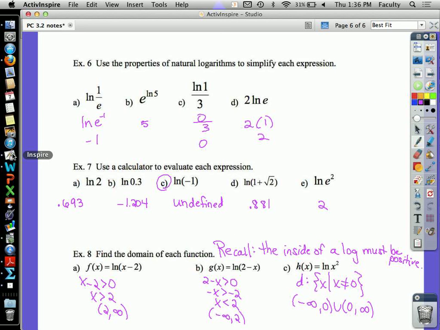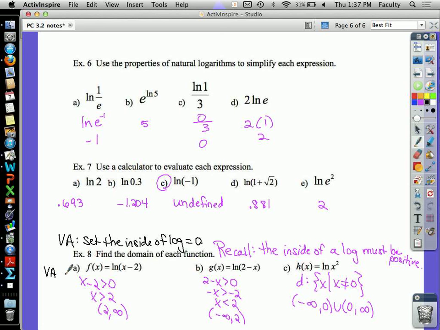Now let's also, on example 8, let's talk about vertical asymptotes. In order to determine a vertical asymptote, you set the inside of the log equal to 0. You take the inside of the log, so let's go back through with each one.